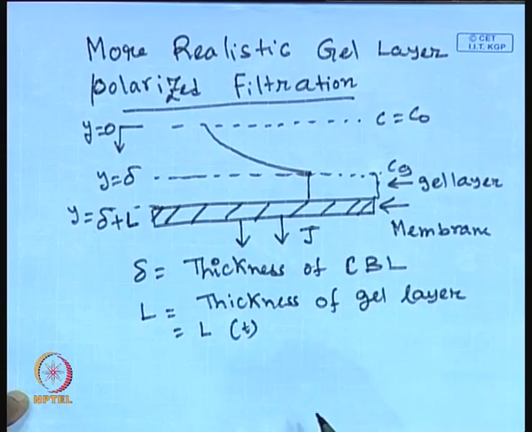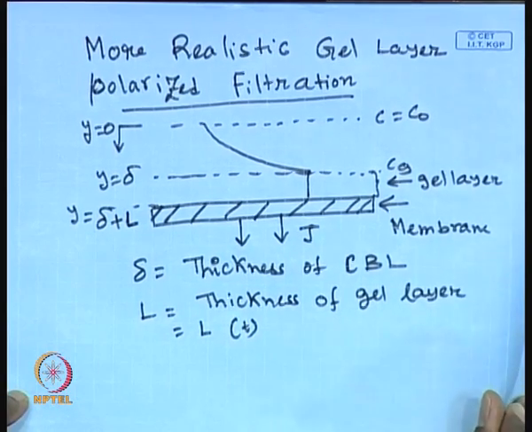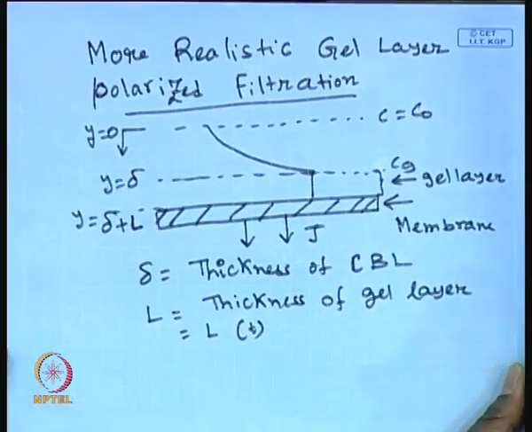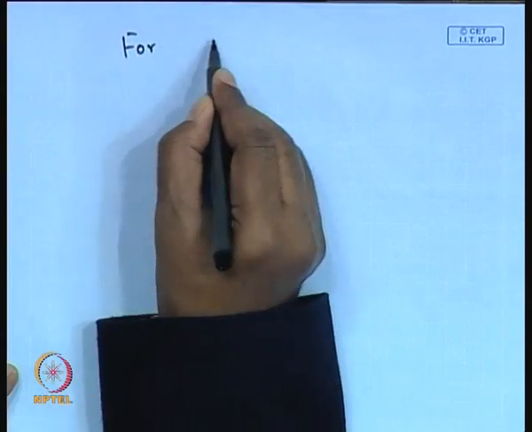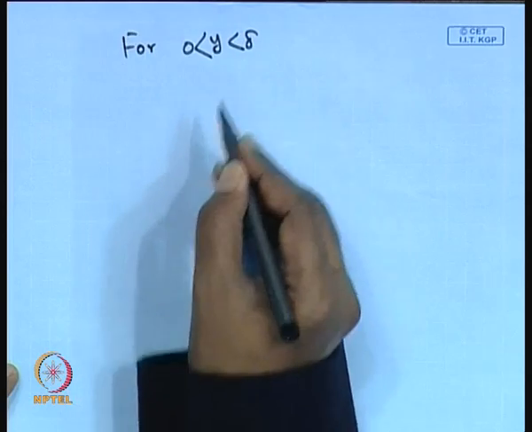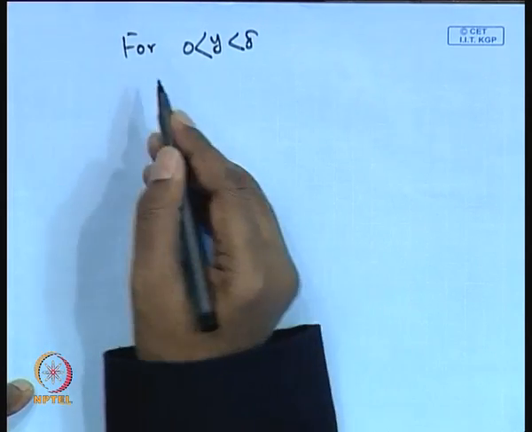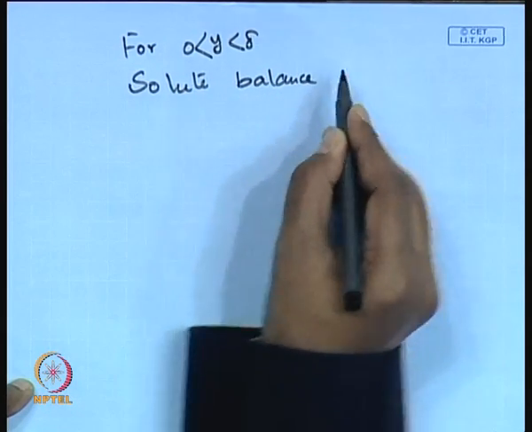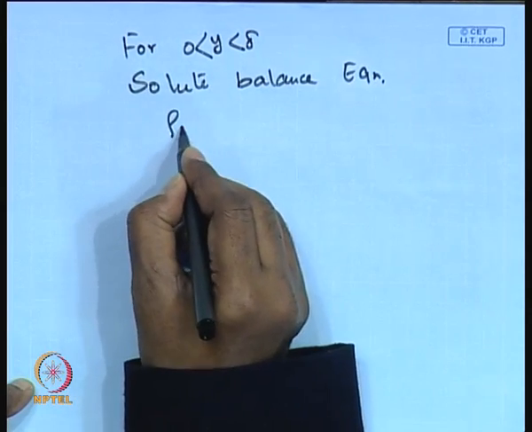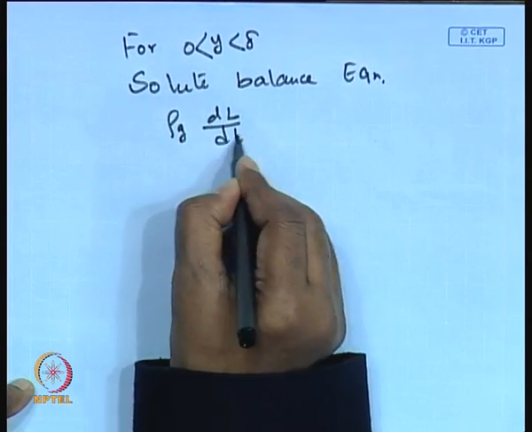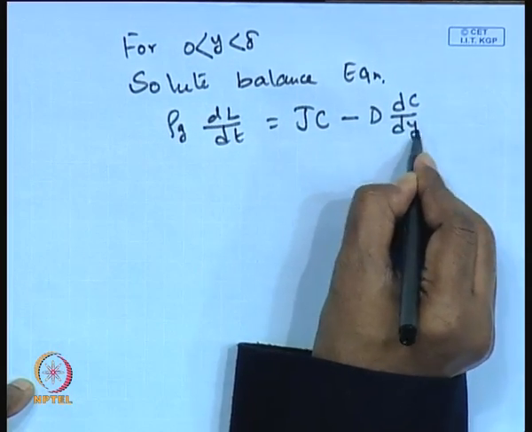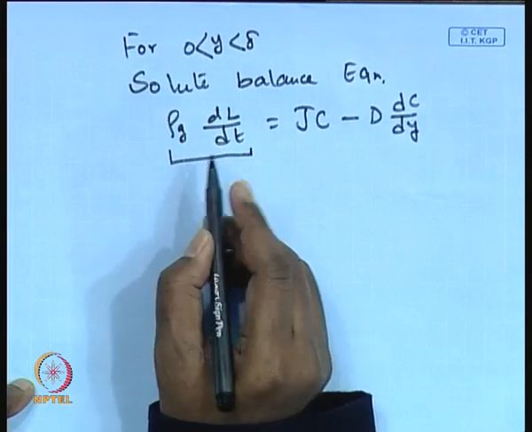So therefore, what can we do? We can do mass balance. We can write down the solute balance equation in various domains of this system. So we write down, for y lying between 0 to delta, that means within the concentration boundary layer, the solute balance equation will be rho g dL/dt is nothing but Jc minus D dC/dy. What is this? This is nothing but the accumulation term.